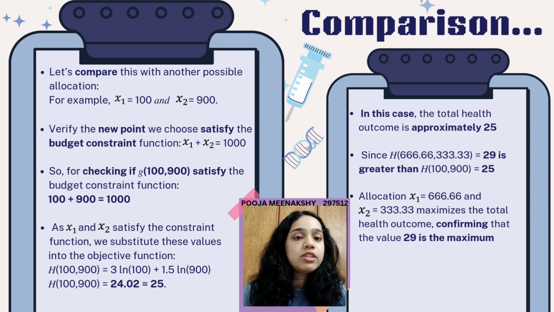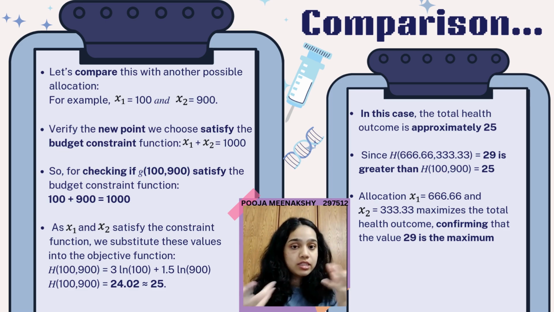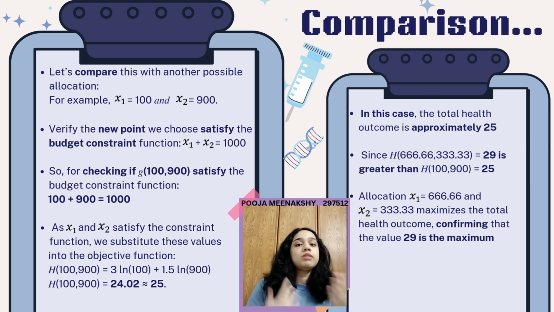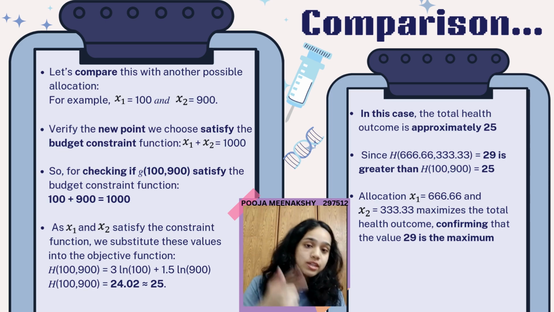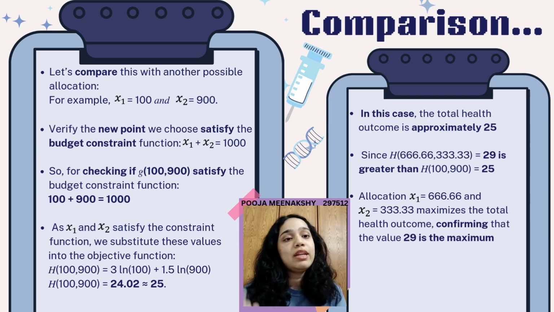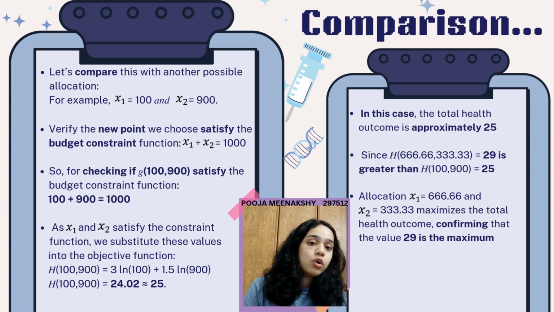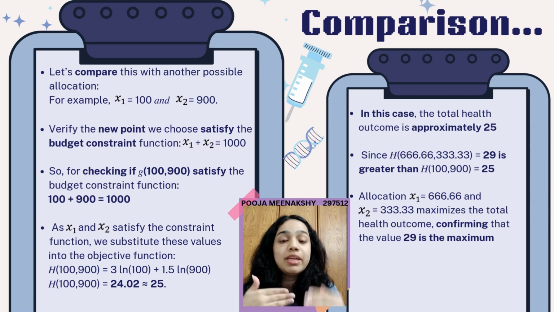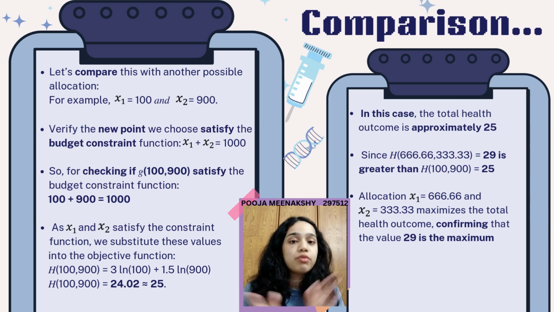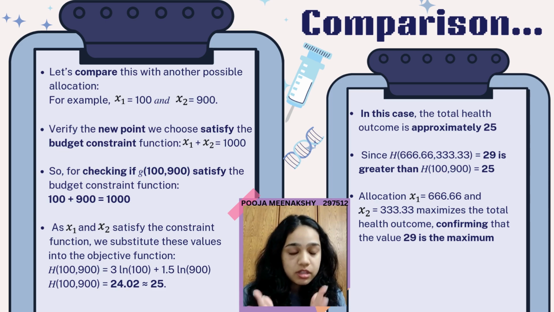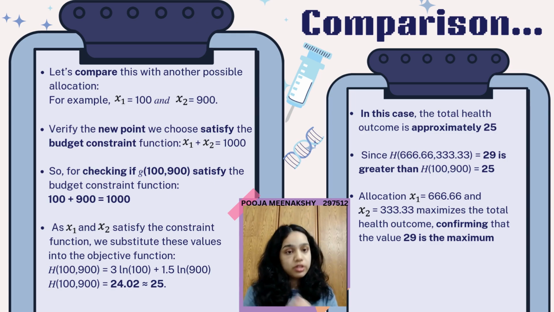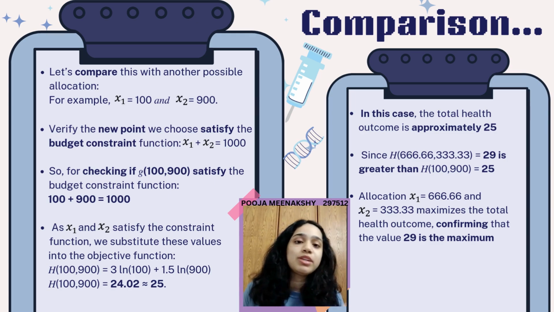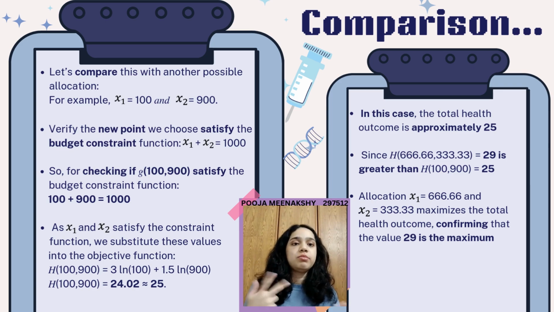There are several additional notes that we can make regarding this situation. The total health outcome is unitless in this model, meaning that the objective function we're using, h(x1, x2), which is equivalent to a ln x1 plus b ln x2, represents a relative improvement in public health based on the allocation of funds. The logarithmic function captures the diminishing returns on spending, but does not assign specific units like lives saved or cases prevented.